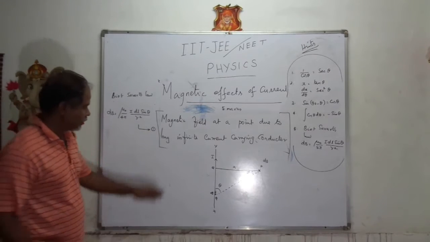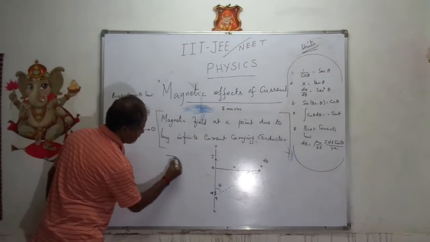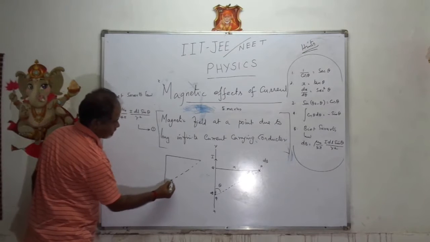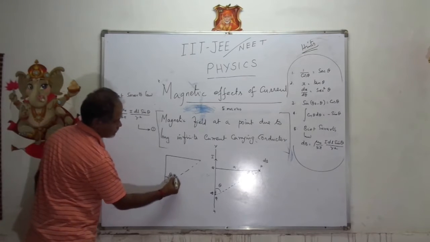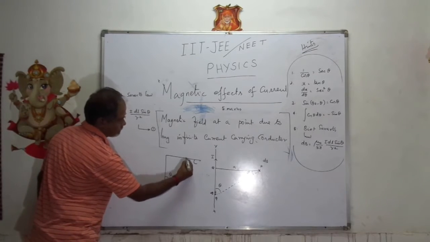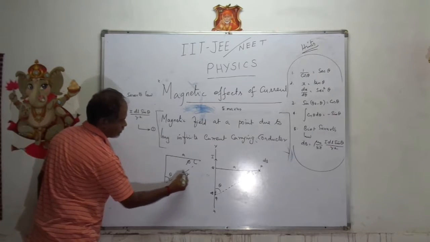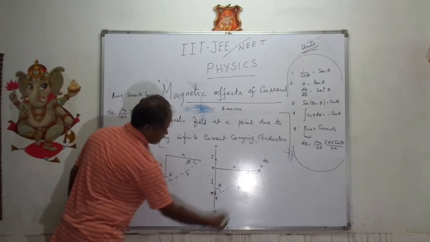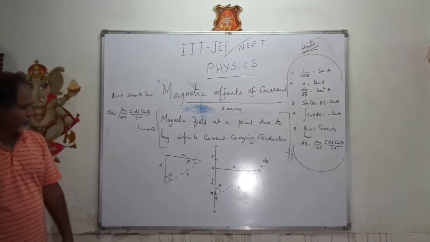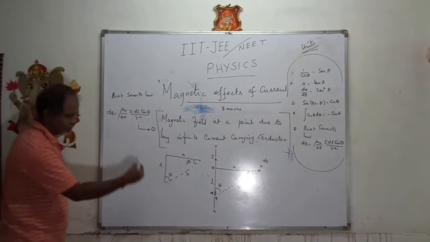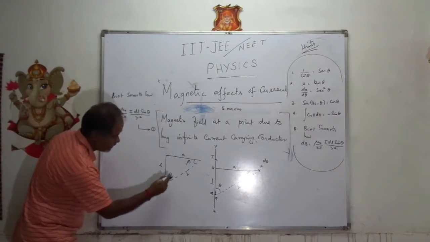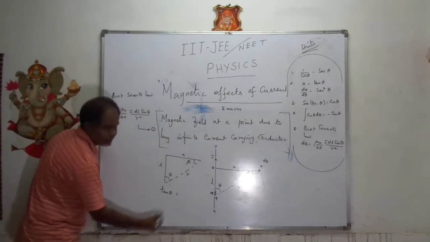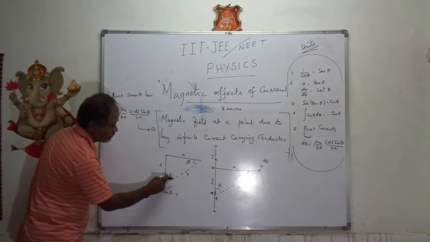Now consider this particular triangle. It makes an angle theta; this is phi, this is A, this is R, and this length is L. Now find tan phi.